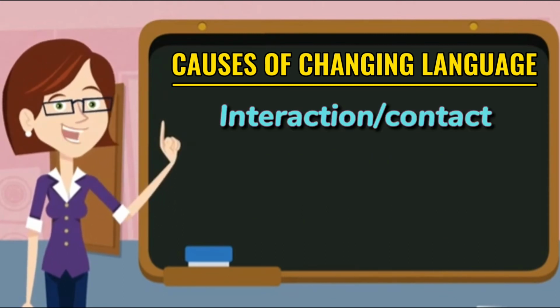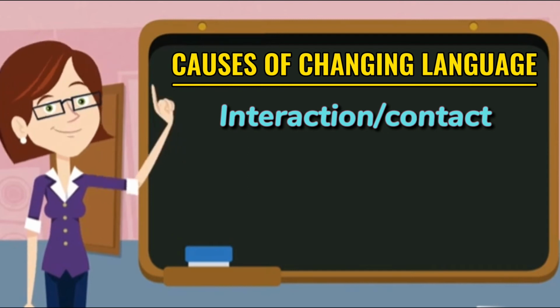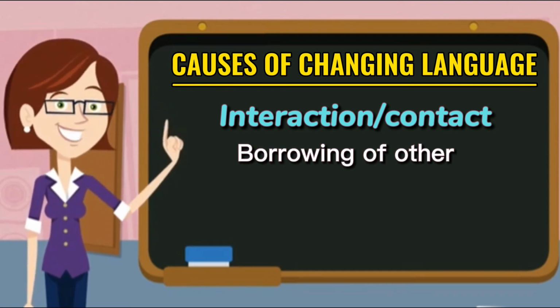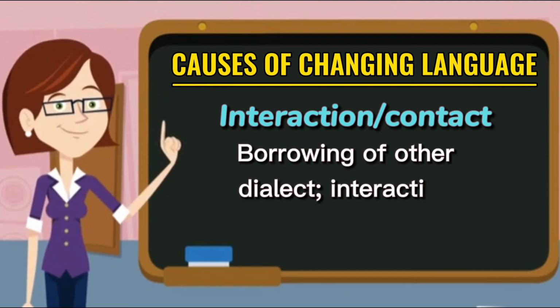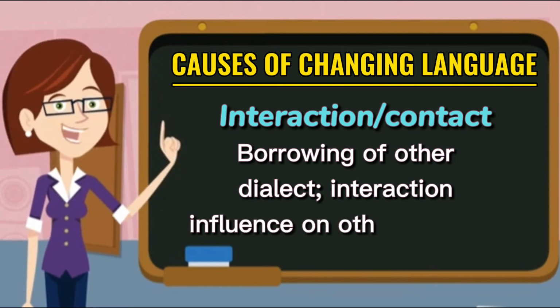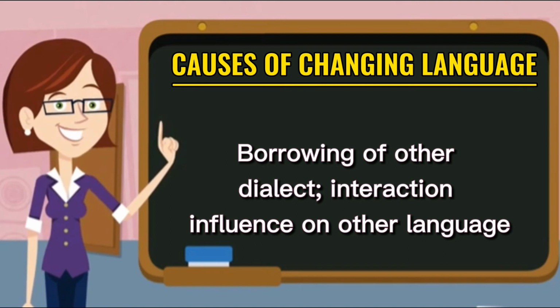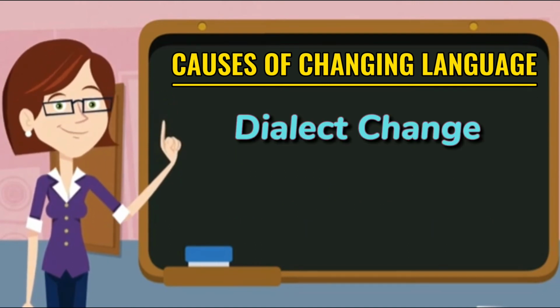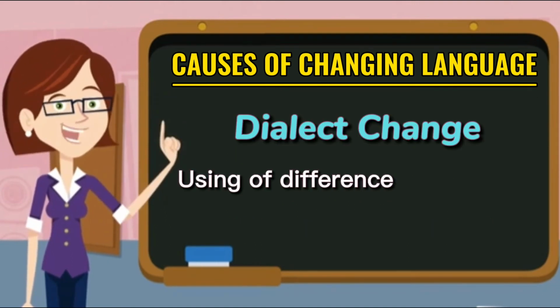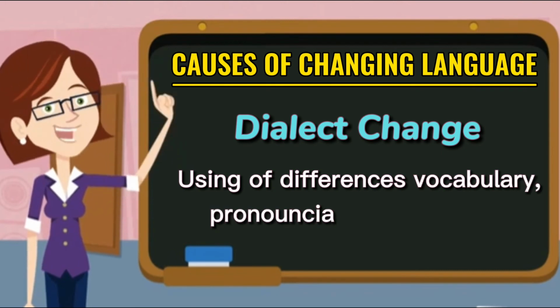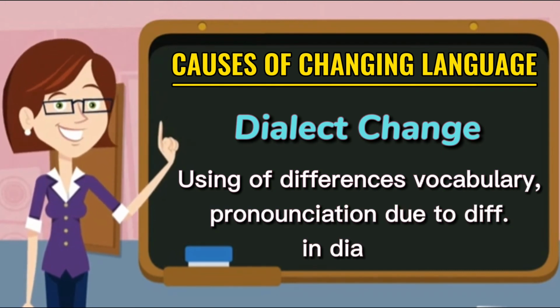Second one is interaction and contact. Borrowing of others' dialects. Interaction increases influence on other languages. Example, sushi in Japan. Dialect change. Using different vocabulary and pronunciation due to differences in dialects.